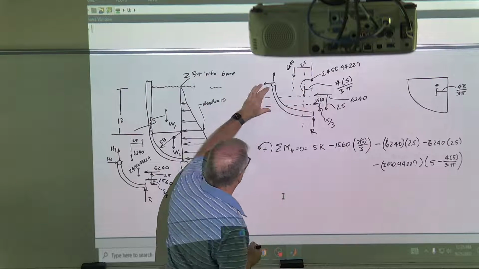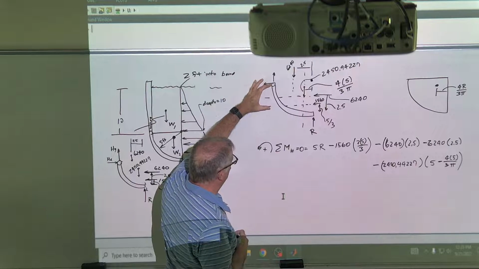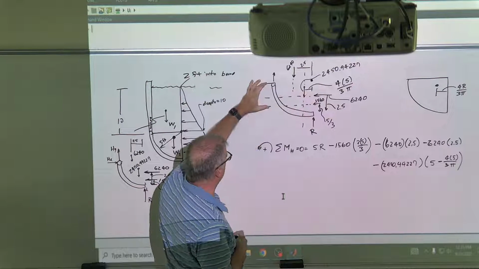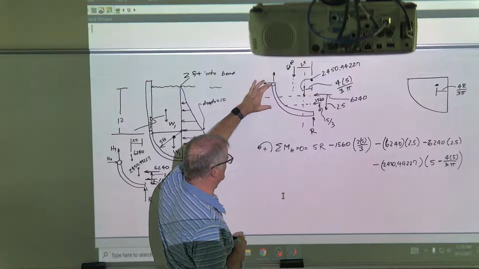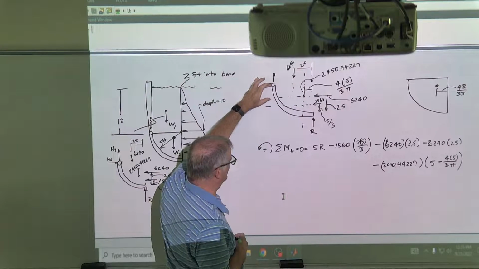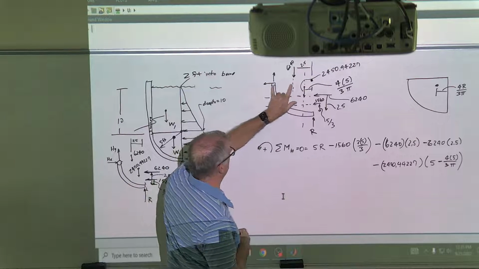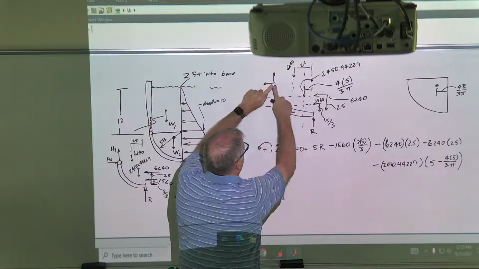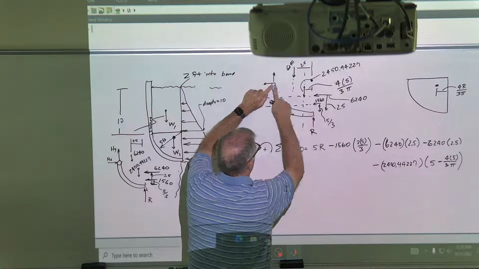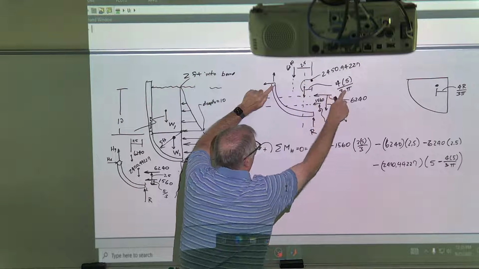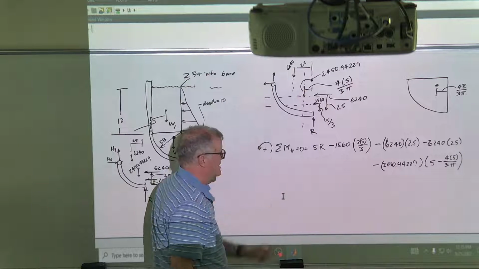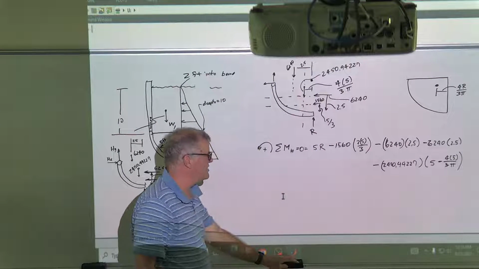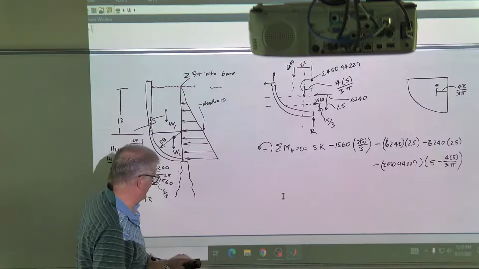That thing's moment arm, for the 1560, is 2/3 of the total distance of 5, then 2.5, then this is 2.5, and then that distance is the 5 minus the 4 to 5/3 pi. And so you get a number for that.